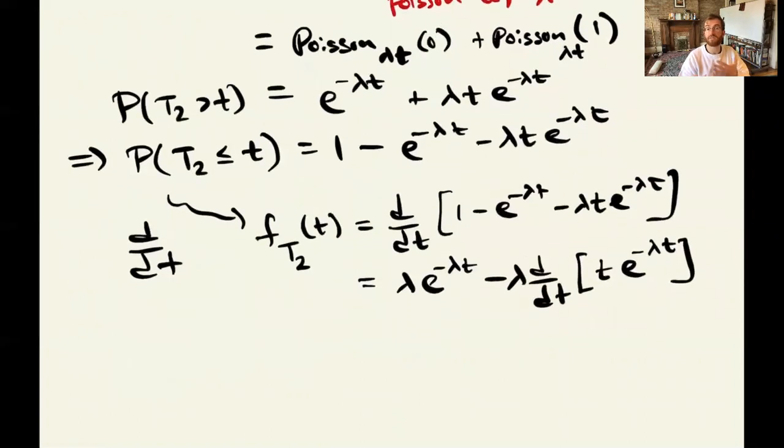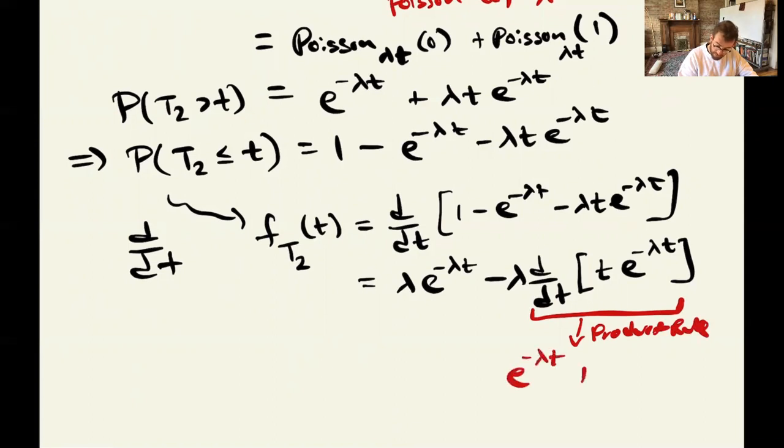So this is an expression where I have to apply the product rule. If I apply the product rule, this is the derivative of the first times the second, e to the minus lambda t, plus the first times the derivative of the second, which in this case is minus lambda e to the minus lambda t.